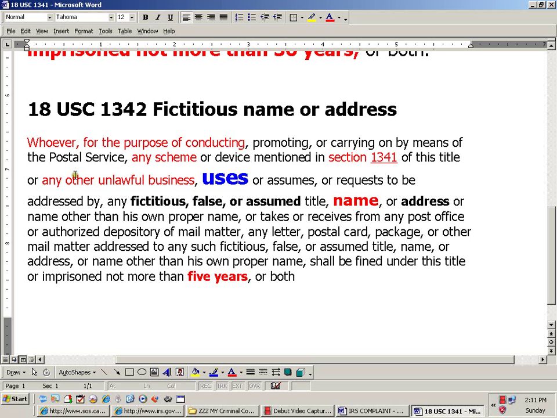Whoever, for the purpose of conducting any scheme mentioned in 1341, fraud and swindles, or any other unlawful business, uses a fictitious, false, or assumed name or address is guilty of 5 years. I don't need to read anymore. They're guilty of mail fraud. They used a fictitious name and a fictitious address.